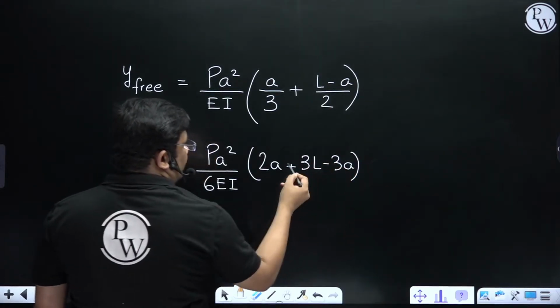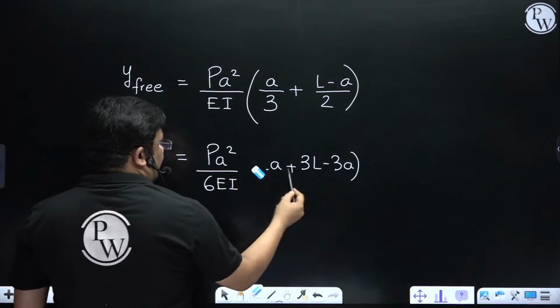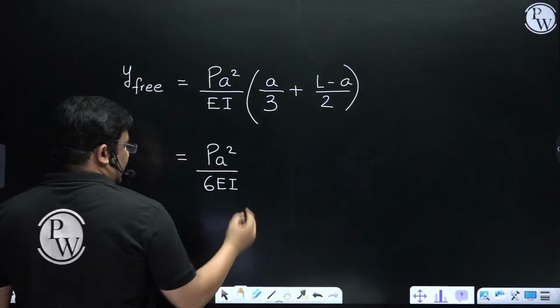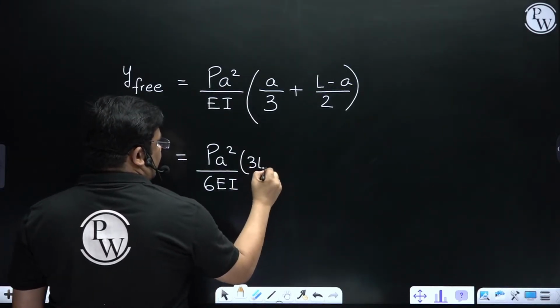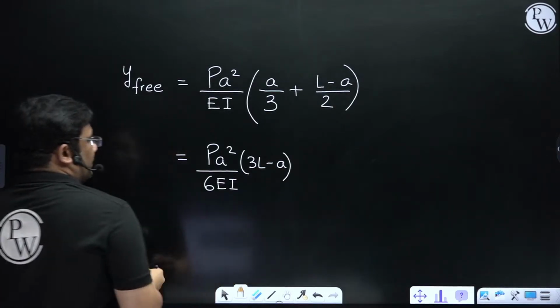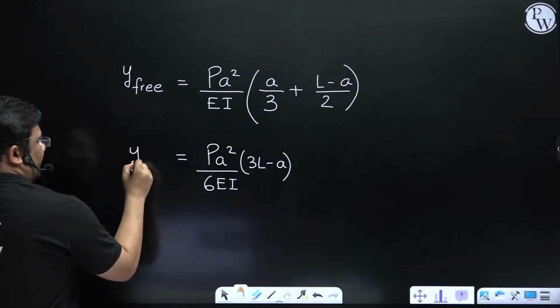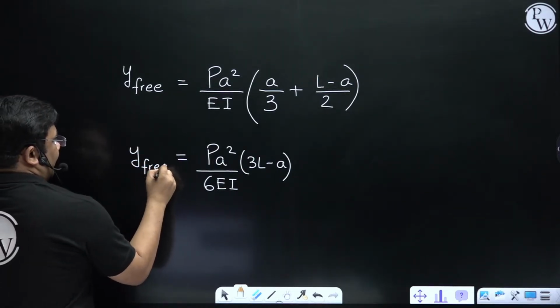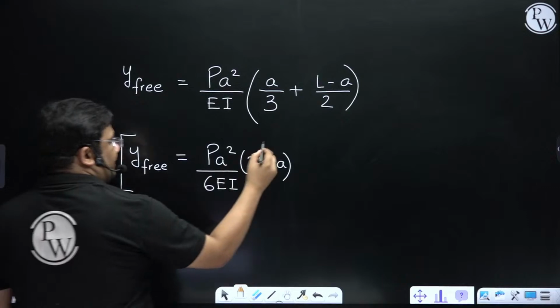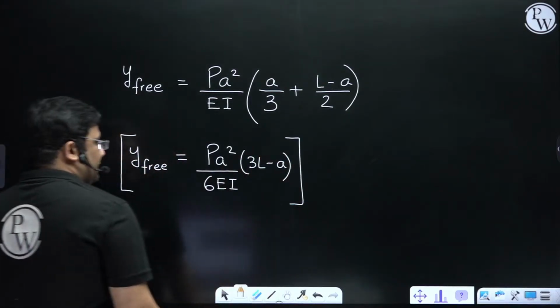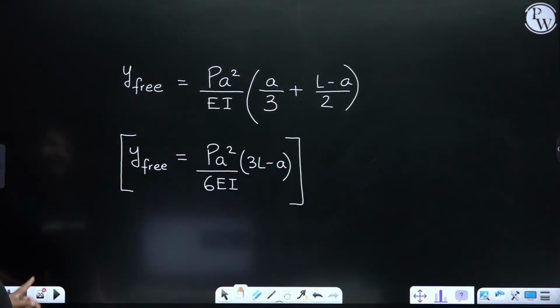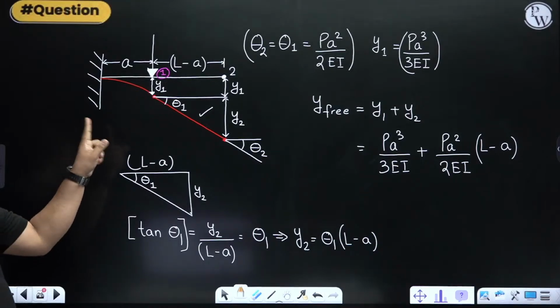So this changes to 3L minus A. Game over. So this is the answer, 3L minus A: the deflection at the free end when the load is acting at a distance A from the fixed end.